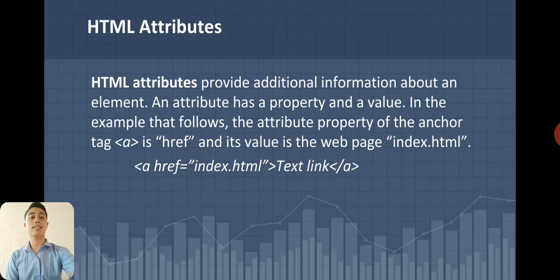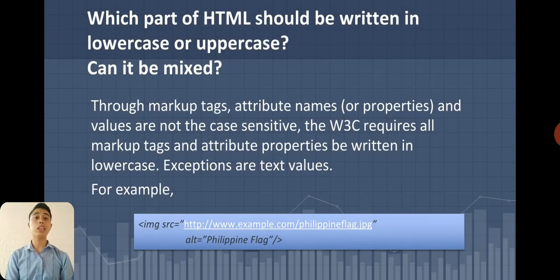So next, which part of the HTML should be written in lowercase or uppercase? Can it be mixed? So we'll discuss. True, markup tags, attribute names or properties, and values are not case sensitive. So the W3C requires all markup tags and attribute properties to be written in lowercase. Again, lowercase. The exceptions are text values.